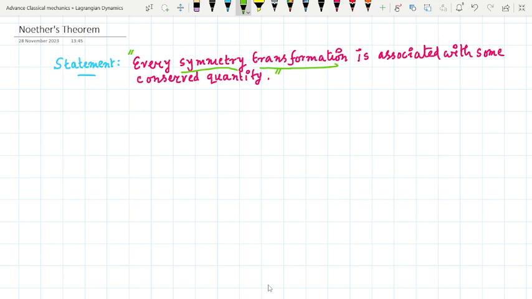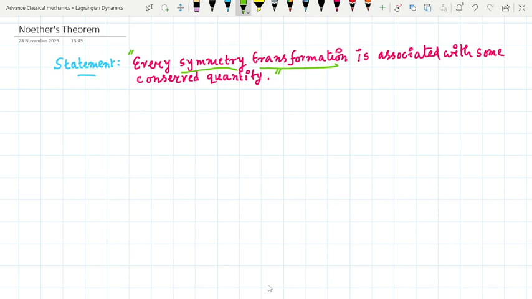It may be some physical quantity like time, position, velocity, etc. When we check the variation of the Lagrangian of a system with respect to this physical quantity, and the Lagrangian remains invariant, that is, the change is zero, then we call this a symmetry transformation about this physical quantity. The Lagrangian is symmetrical with respect to it.